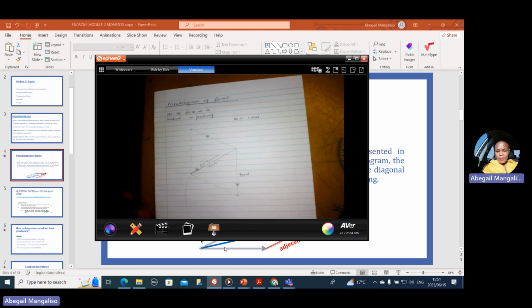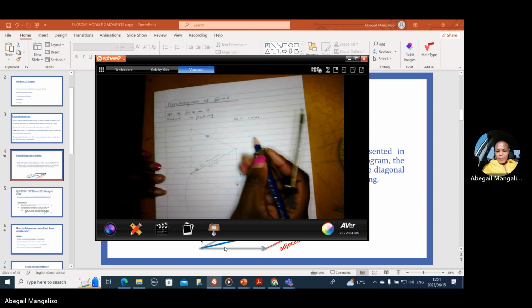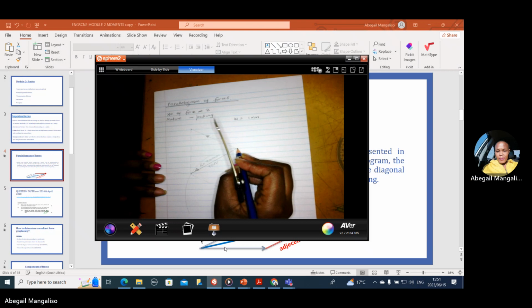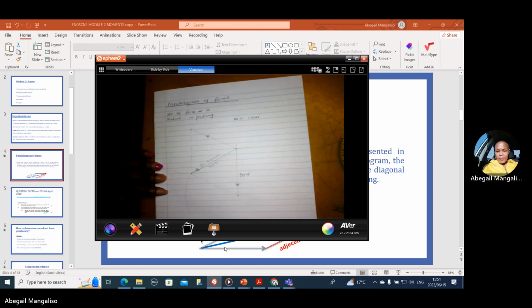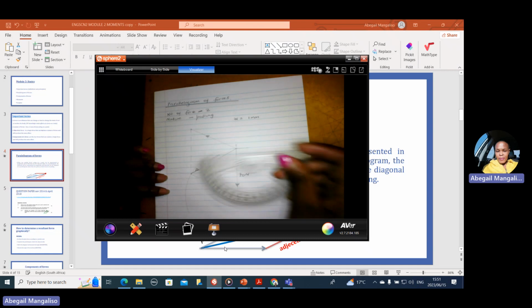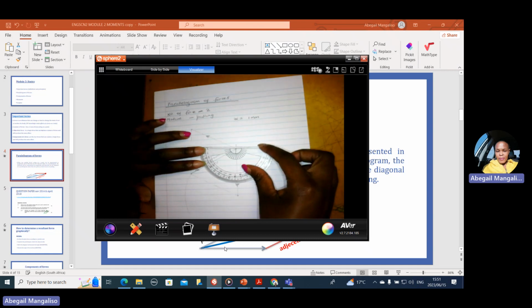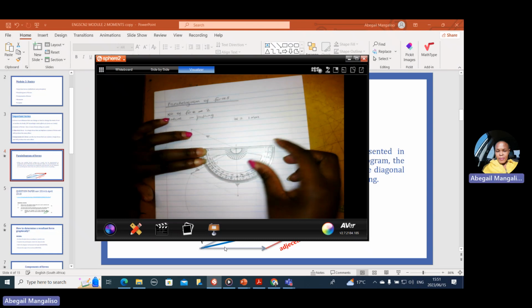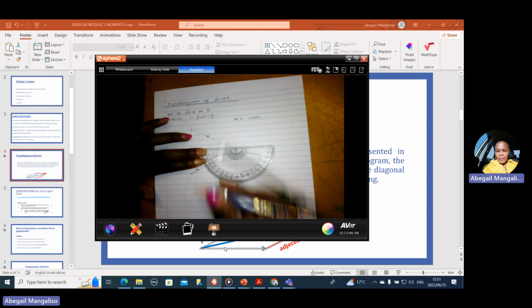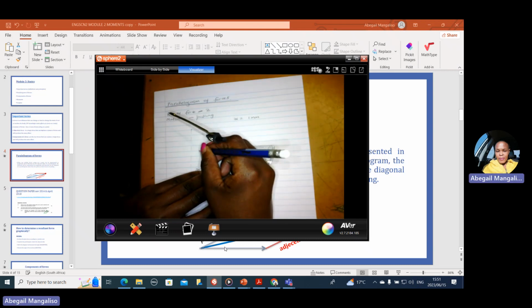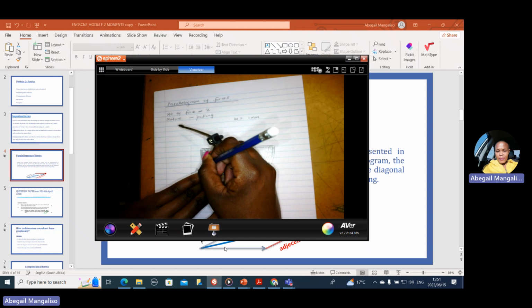The next step is to measure at what angle, to measure theta. So I'll use the protractor. If I draw a cross there at the intersection point, that is a Cartesian plane, and place a protractor there to measure that angle. This angle is exactly 30 degrees from this horizontal line to the resultant line.